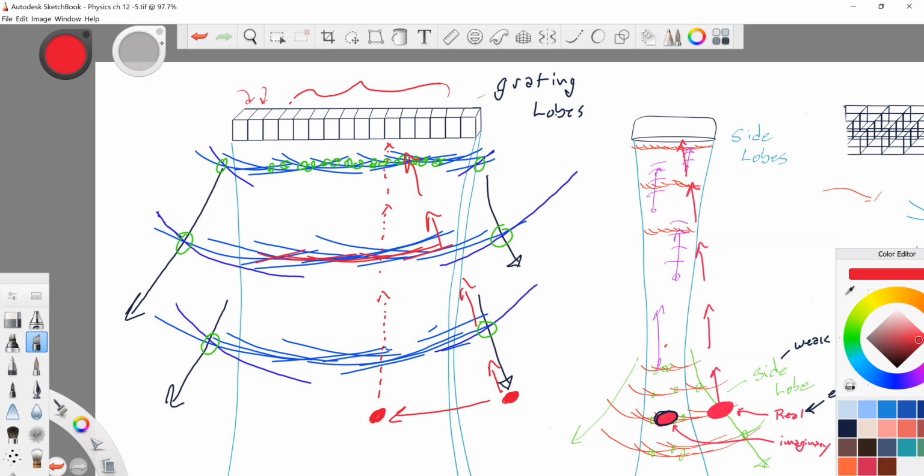That's called apodization. Apodization. That is weakening voltage to the outside PZTs, elements.